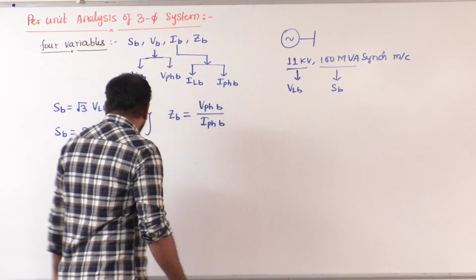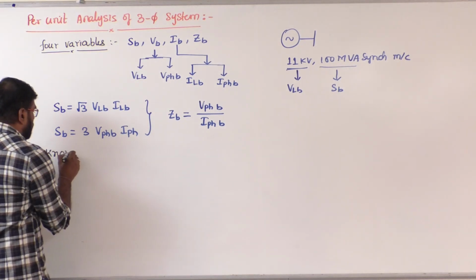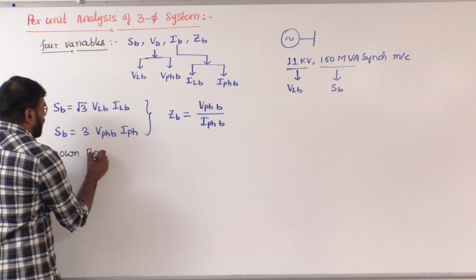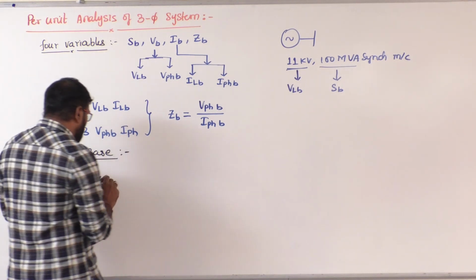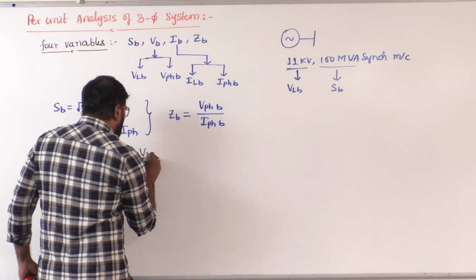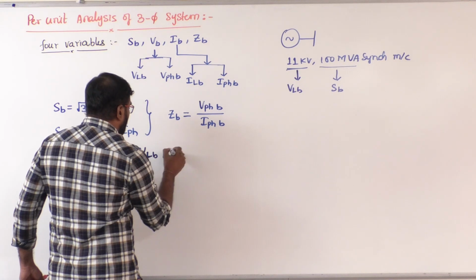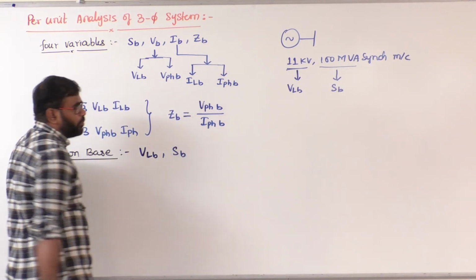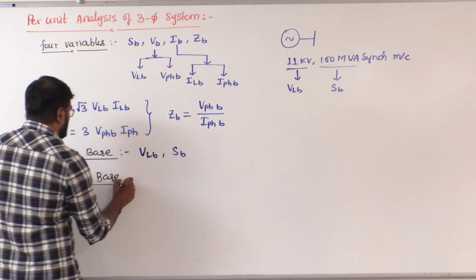Okay, so what are the known variables here? What is the known base? We know line voltage base and 3-phase apparent power base, simply S base. Tell me what is the unknown base?